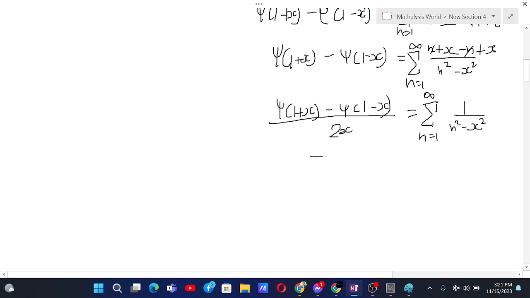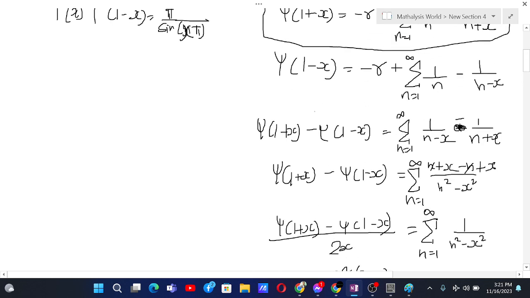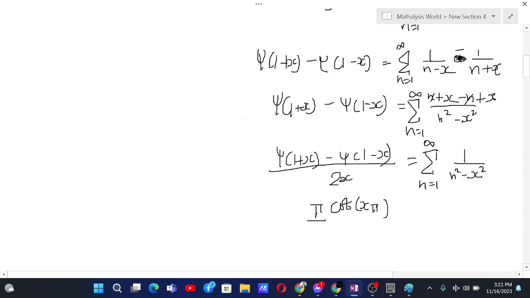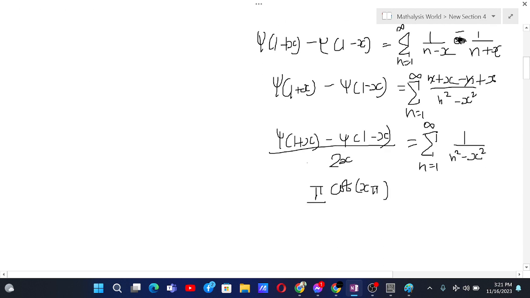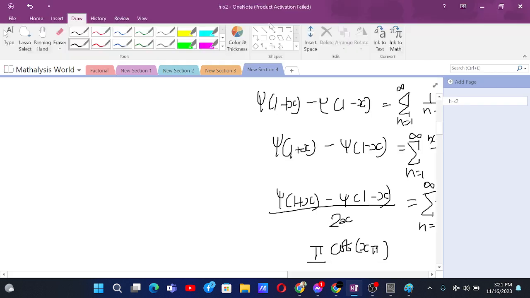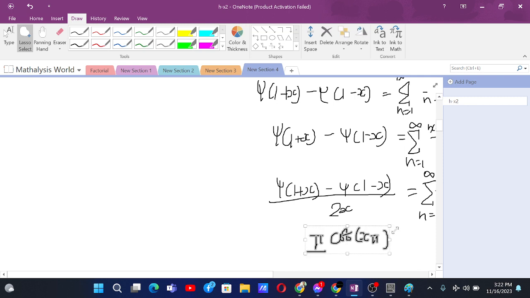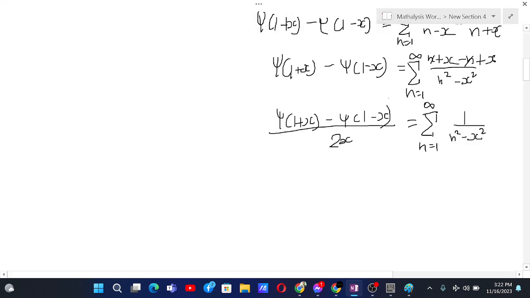And next, let's solve this. Pi times cot x pi, but wait, here we should have 1 minus x in place of x. We don't have that over here. So I was going to make a mistake, but I just caught it. And now we need to bring it to the form.